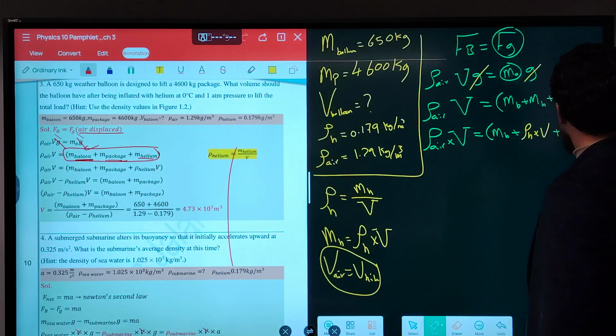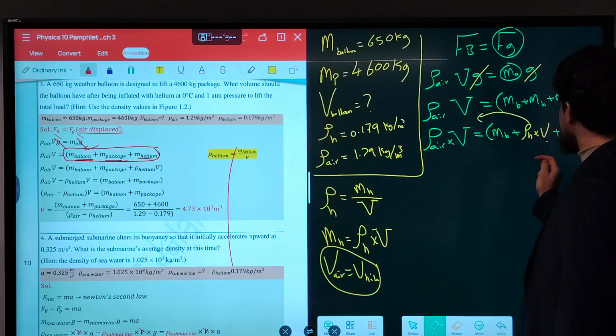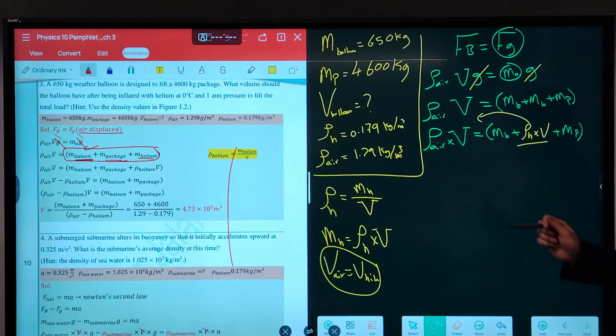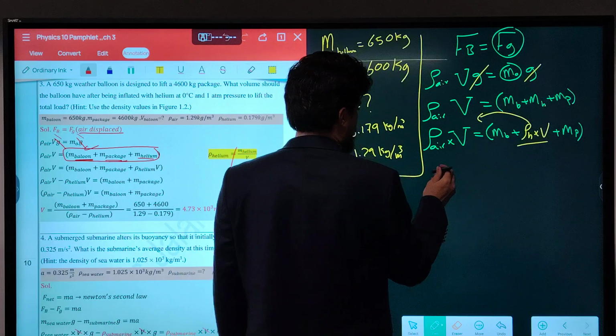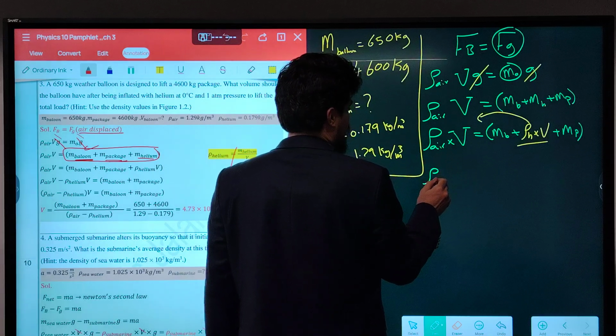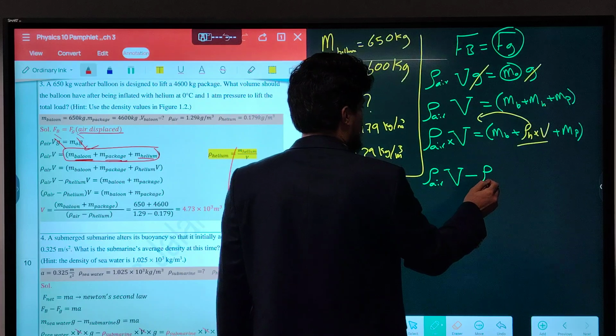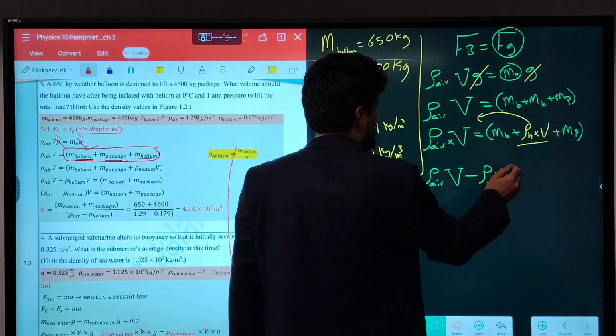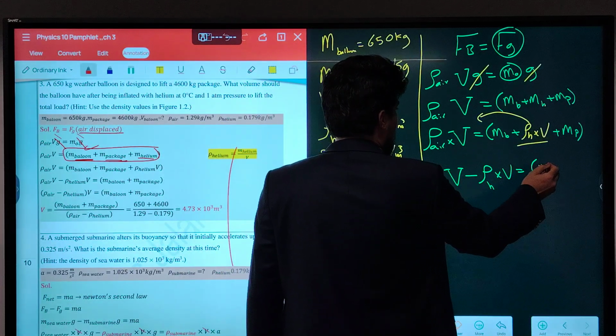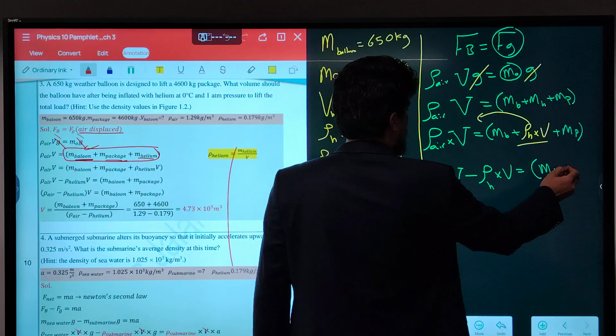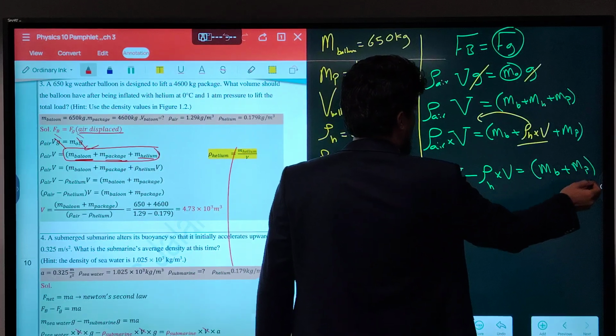If you arrange this equation, move the density of helium times volume to the other side, it becomes negative. What remains here? The density of air times volume minus density of helium times volume is equal to mass of balloon plus mass of package.